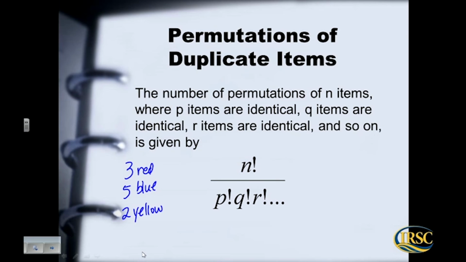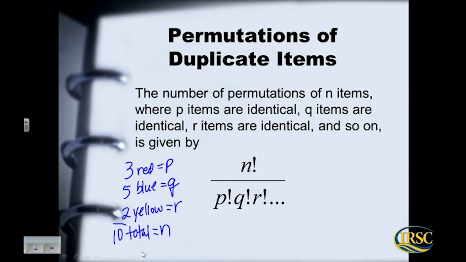What's the total? 10. Okay, so 10 is the n. The 3 red would be your p, the first amount of identical items. The 5 blue would be your q, the next group of identical, and the yellow would be your r.